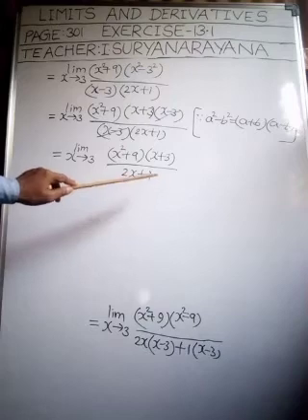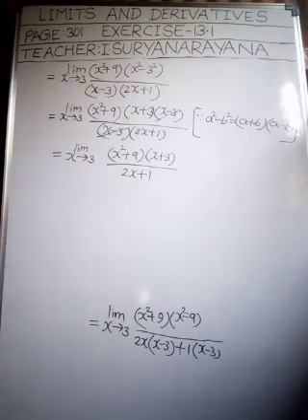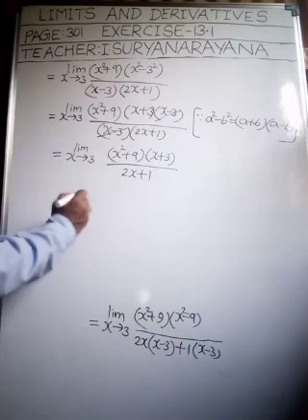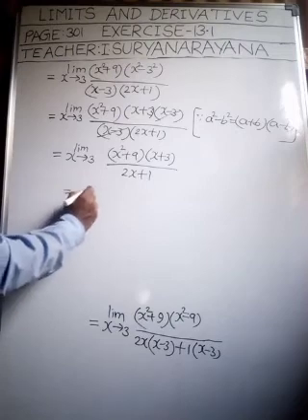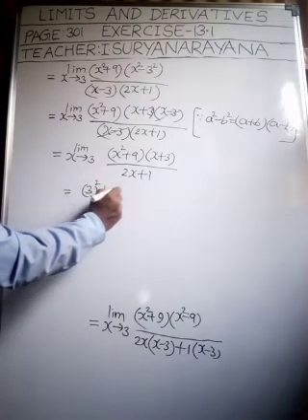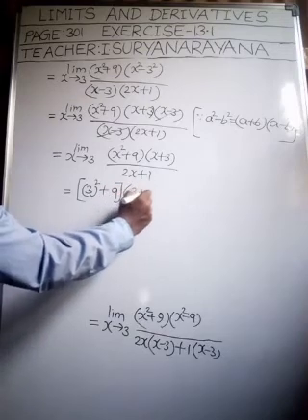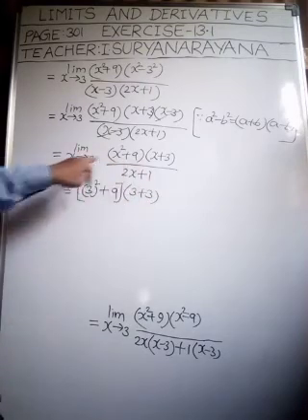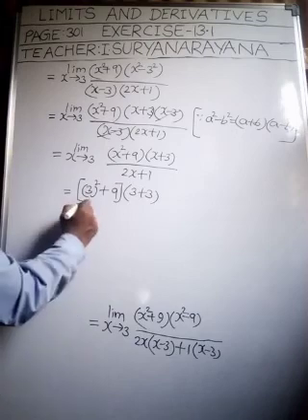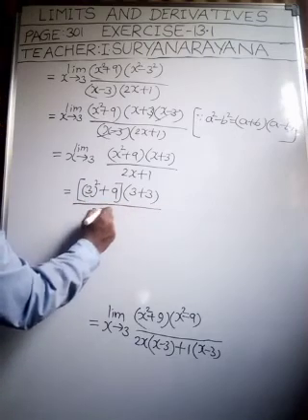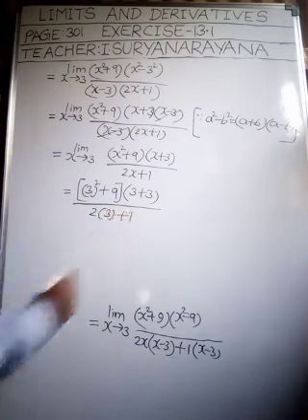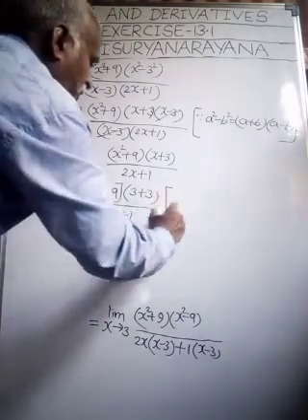In this step, again we use the substitution method. Okay, my children? Right. That is equal to (3² plus 9) into (3 plus 3), x means here 3, whole divided by 2 into 3 plus 1, by the substitution method.